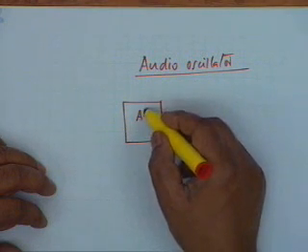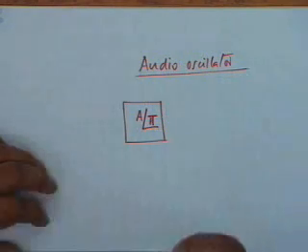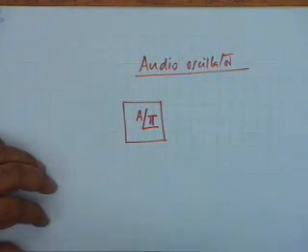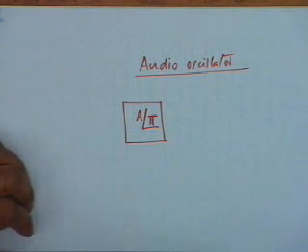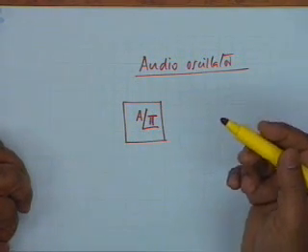gives a gain A and a phase angle of pi. For example, a single stage BJT amplifier gives a gain and a phase shift of 180 degrees, okay.